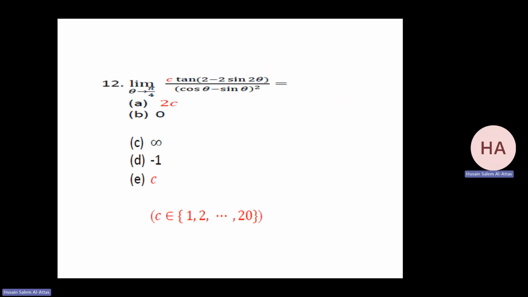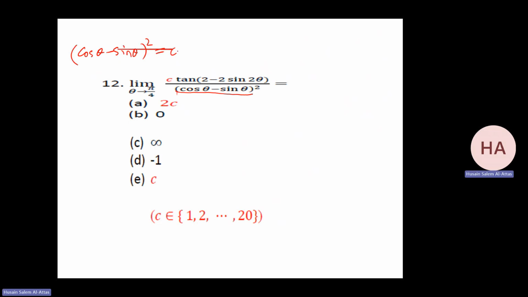Okay. Now, when you look at it, you feel there are some problems here. No, there is nothing. What is this? Cosine theta minus sine theta, all squared. Here is the catch.